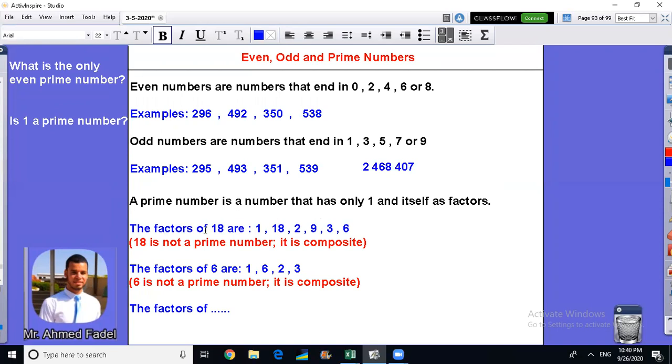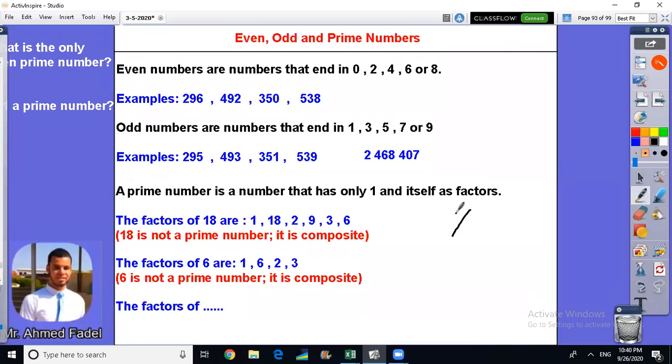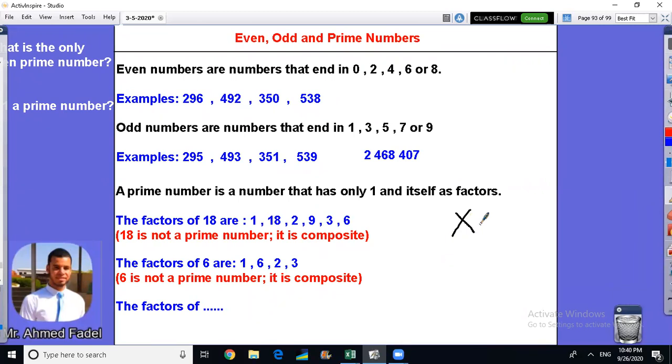The factors of 18, for example, are the numbers that, if you multiply them by each other, give you 18. This is multiplication, not a cross, okay?